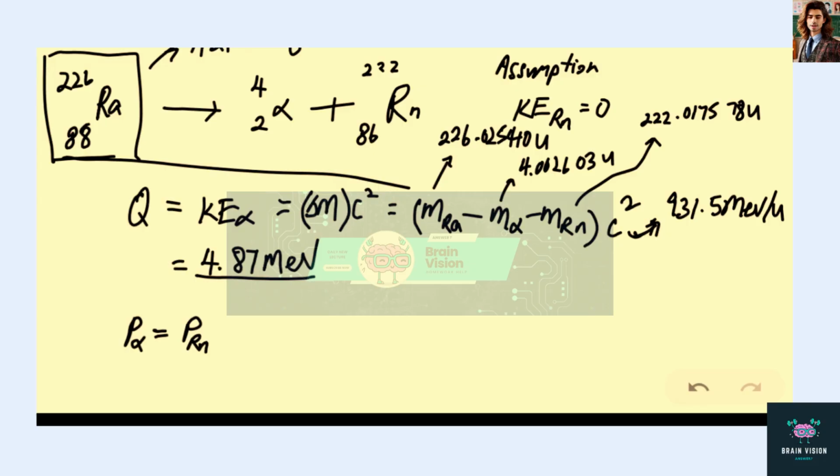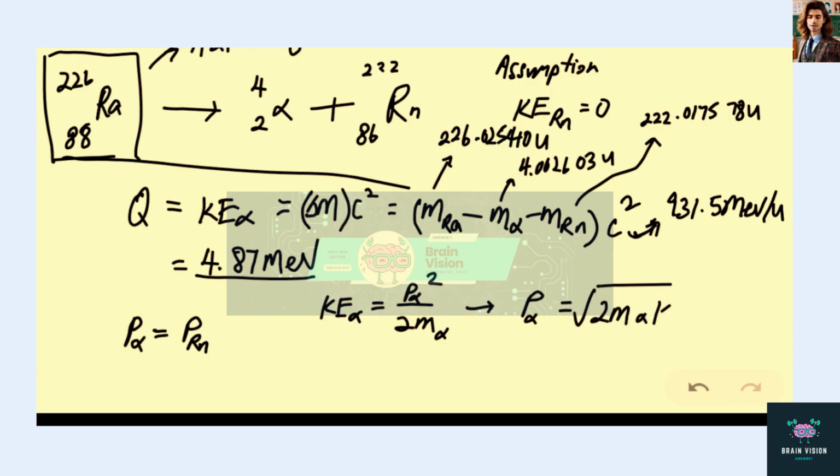From the energy that was calculated before, we are able to get the momentum of our alpha particle. We just equate this kinetic energy to p squared over 2m, so that the momentum of the alpha particle is equal to the square root of 2m KE.